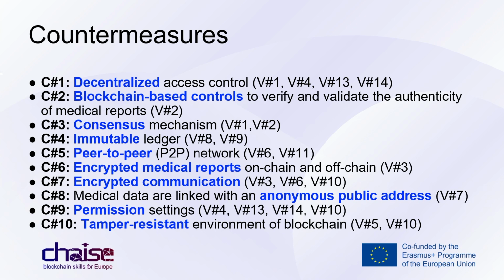Countermeasure 2 is related to blockchain-based controls to verify and validate the authenticity of medical records. Countermeasure 3 is related to consensus mechanism and mitigating vulnerability 1 and vulnerability 2. We discussed various consensus mechanisms previously, like proof of work, proof of stake, delegated proof of stake, practical Byzantine fault tolerance. So these consensus mechanisms provide us a control over the operations which are performed in the blockchain.